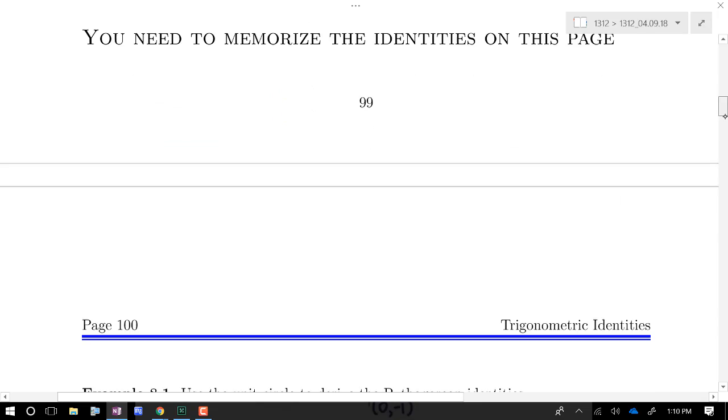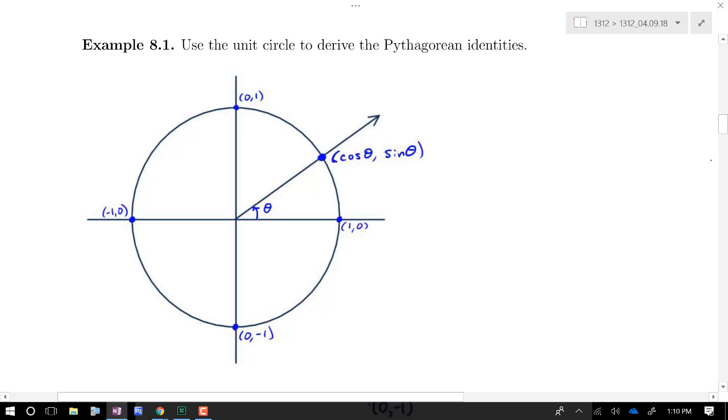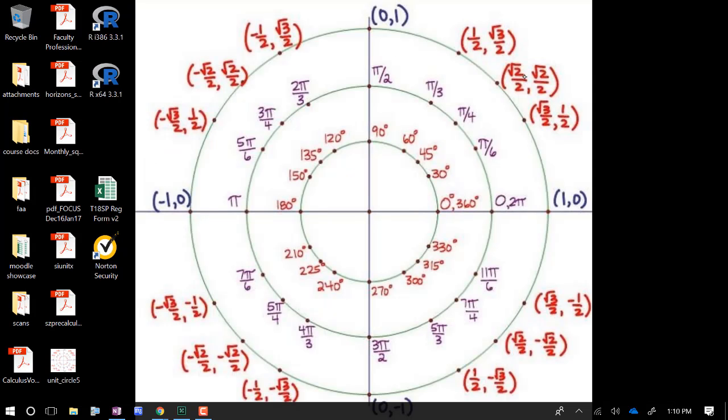So let's see why sine squared plus cosine squared is equal to 1. This is not the first time we've seen a figure like this. We're fairly familiar with the unit circle. Here I've dispensed with all the special angles around that we're used to seeing in order to get some values.